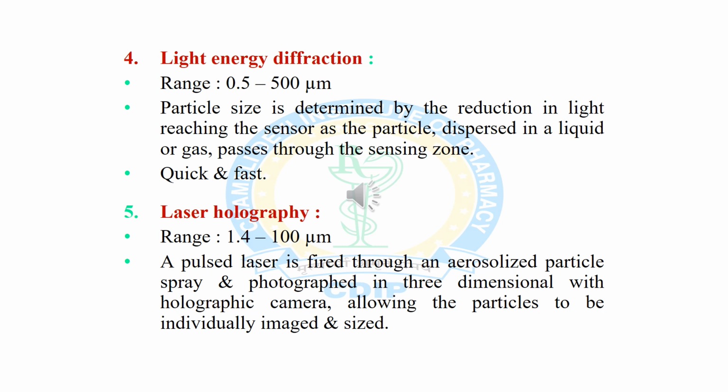Next method is laser holography, in which 1.4 to 100 micrometer can be determined. A pulse laser is fired through an aerosolized particle spray and photographed in 3-dimensional with a holographic camera, allowing the particles to be individually imaged and sized.